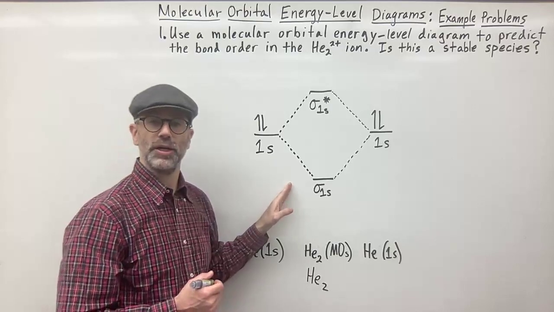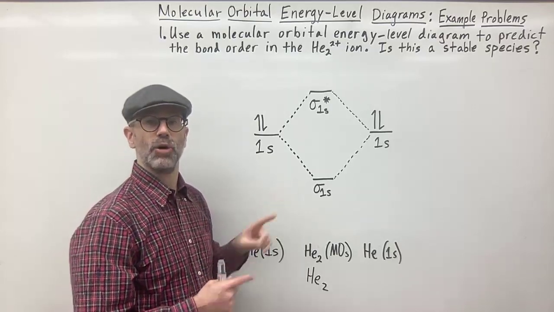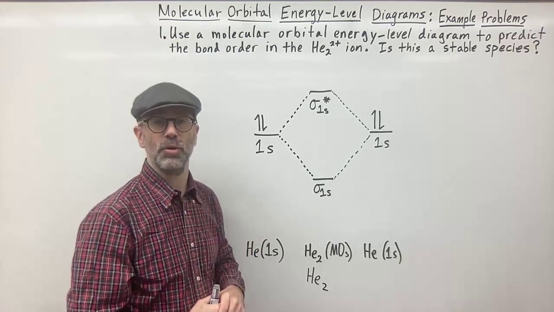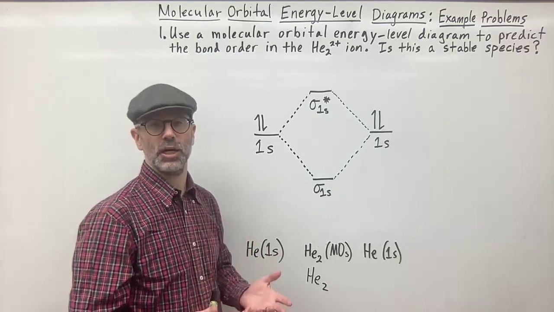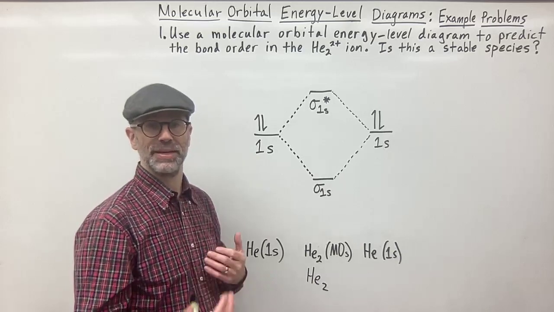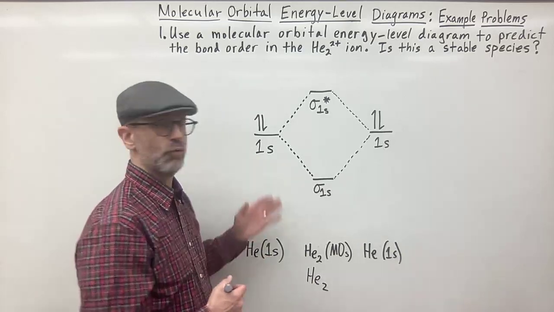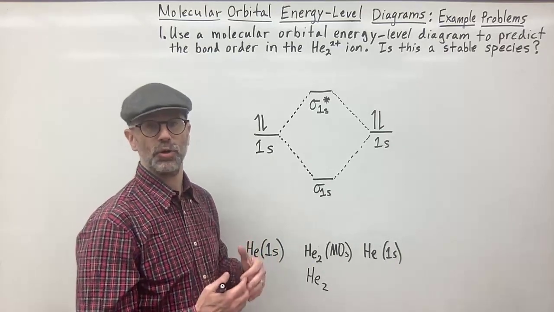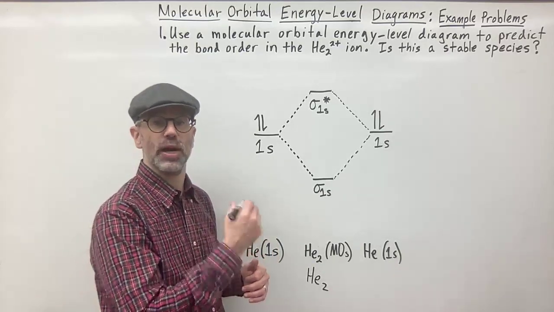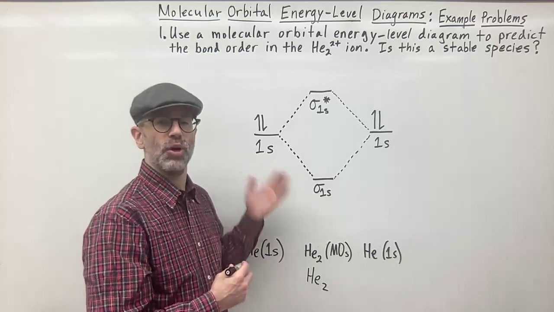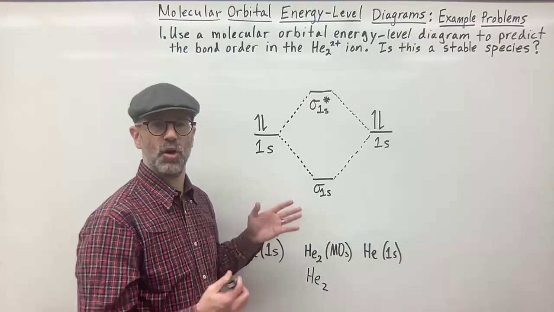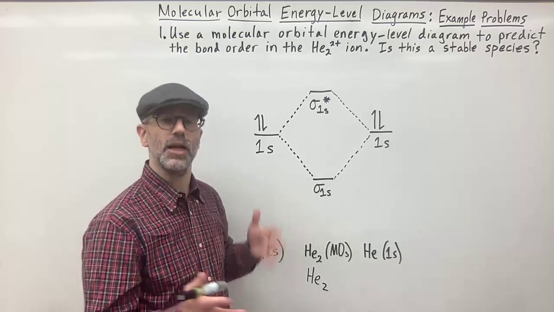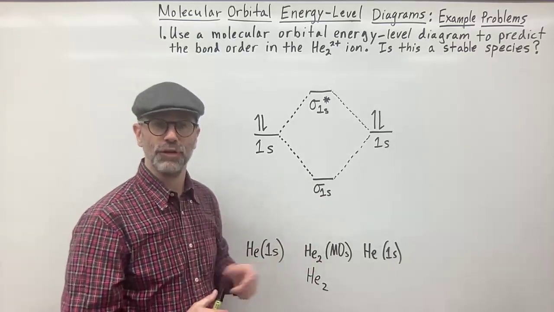We use the Pauli exclusion principle, meaning two electrons in each orbital, and only two, with opposite spins. And then Hund's rule: if we have equal energy molecular orbitals, we fill in each one at a time before pairing up. We don't have to worry about Hund's rule here because we don't have any molecular orbitals with the same energy yet, but we'll get to that in a later video.